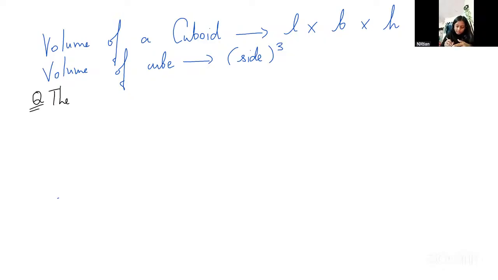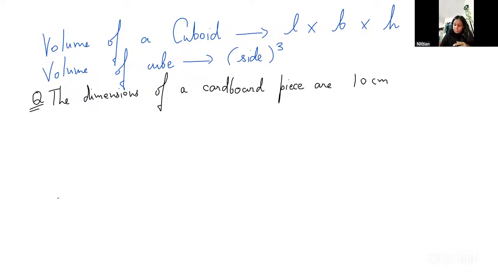The dimensions of a wooden cardboard piece are 10 centimeter, 8 centimeter, and 6 centimeter.